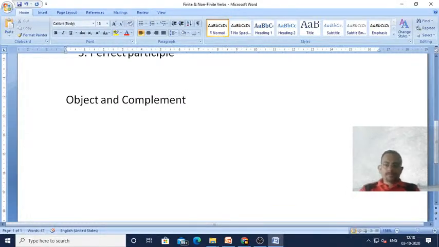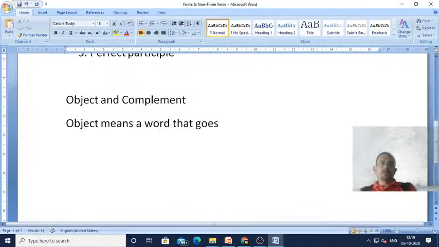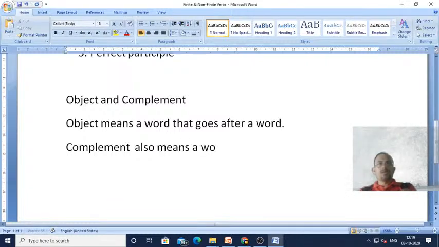Always remember, object means a word that goes after a word. Complement also means a word that goes after a word.